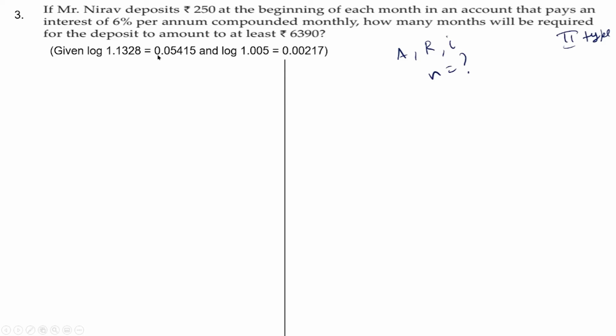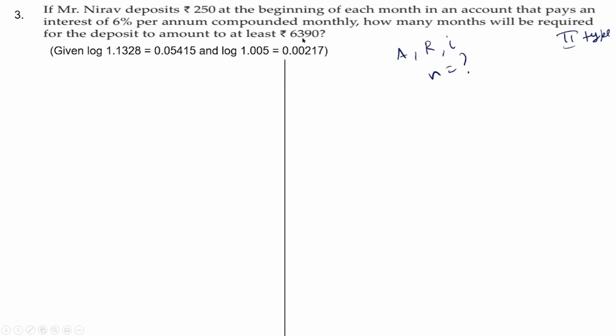So here it is given, Mr. Nirav deposits rupees 250 at the beginning of each month in an account which pays an interest of 6% per annum and it is compounded monthly. So R is given as 250 and the interest rate per annum is 6%, so I will be 6% by 12 since it is compounded monthly. We need to find the number of months required for the deposit to become rupees 6,390.